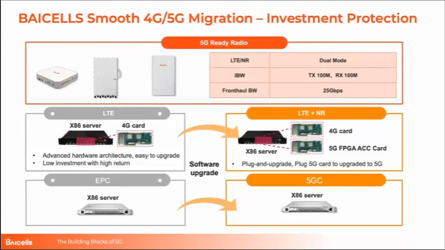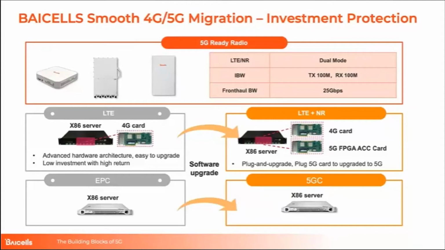You start with the 4G BBU through 4G cards, and then once you want to move to 5G, all you need to do is add a 5G card to the x86 server, and then you will have the 5G technology. The 5G bandwidth is 100 MHz. You can utilize it once you have the 5G cards in the BBU.